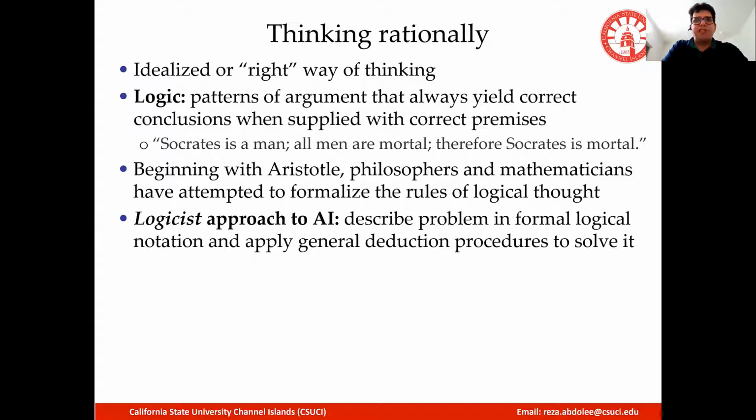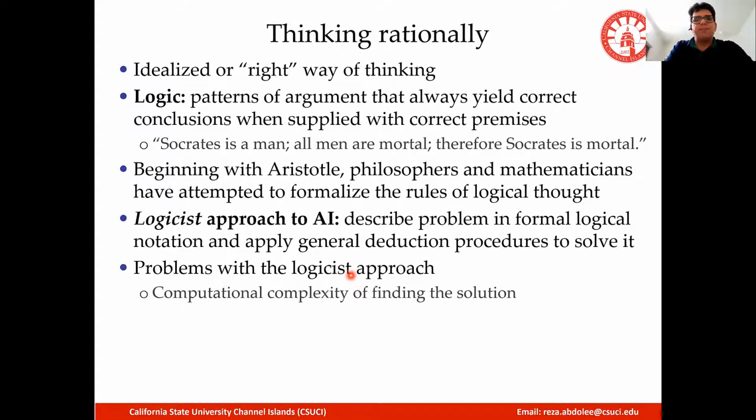Therefore, if we want to implement an intelligent machine that thinks rationally, we have to follow this approach, the logicist approach to AI. It means that you need to describe the problem in a formal logical notation and apply a general deduction procedure to solve it.